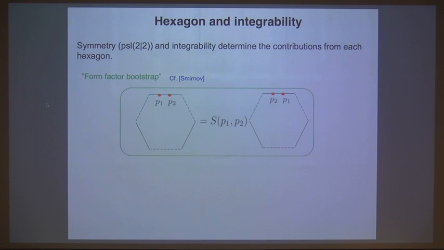For instance, one constraint coming from integrability is the so-called form factor bootstrap equation, which states that if you have a 2-particle hexagon with momenta P1 and P2 and swap the order of the particles, then you need to multiply by the S matrix, which is determined by Beisert.